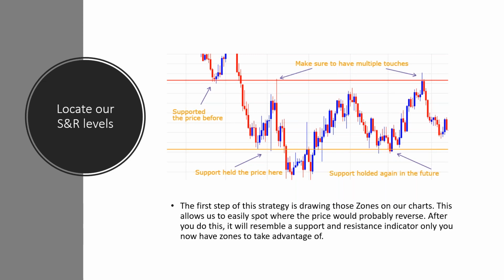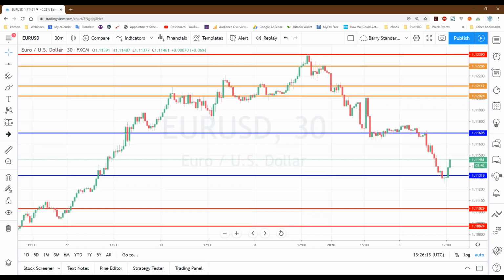We've gone into great detail learning how to put them. So now we have to isolate the ones that are important around our current price. So all we're concerned with is, say, at this point on the euro US dollar, here, here, here, and here.